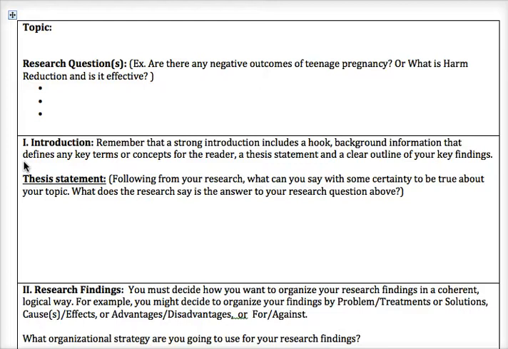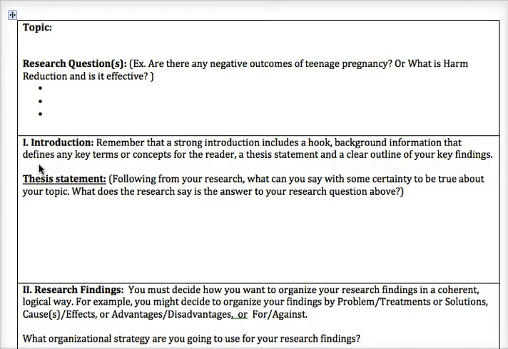so you should be engaging your reader right from the start. It should include any background information that the reader needs in order to understand the topic. You might introduce any key terms or concepts, include definitions of any main ideas that you're presenting.